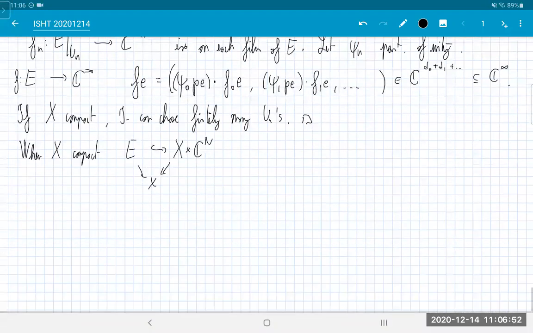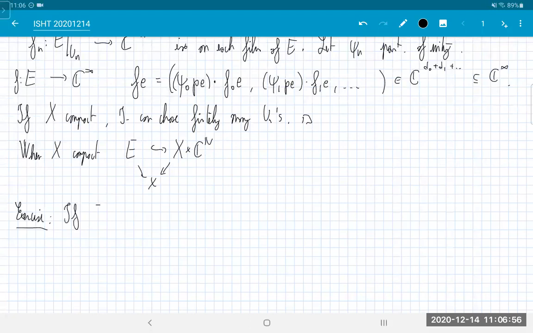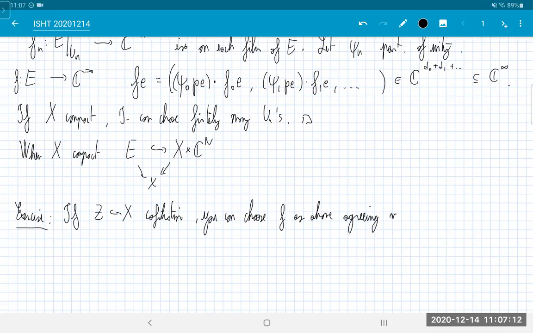And let me give you an exercise. If Z into X is a cofibration, you can choose F as above agreeing with a given F_0 from E restricted to Z. So if you have a cofibration, remember it's a closed cofibration, I should say.